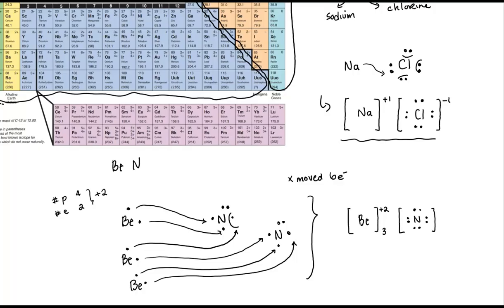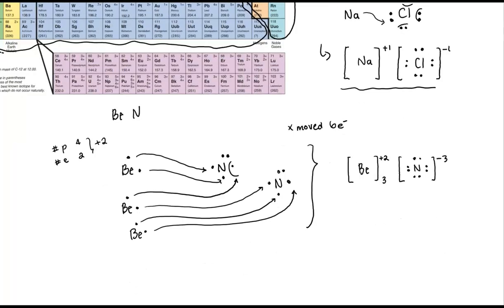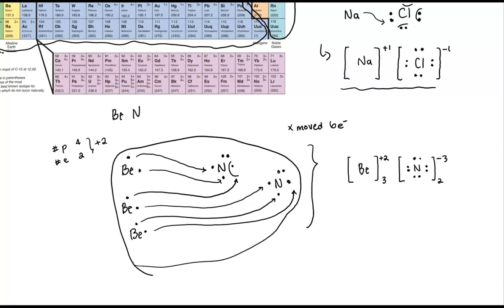And each nitrogen gets 3 extra electrons from our beryllium. Because we have 2 nitrogens, we're going to add a 2 subscript at the bottom. Again, if we expand this out mathematically, we would have 2 nitrogens, each gaining 3 electrons for a total of 6, and 3 berylliums giving away 2 electrons each for a total of 6.